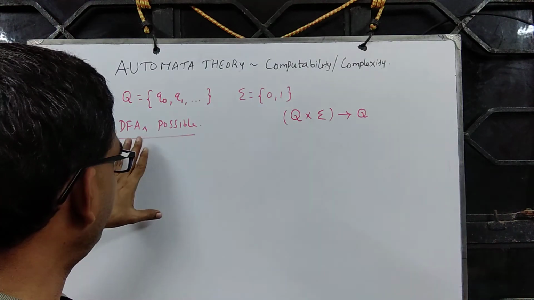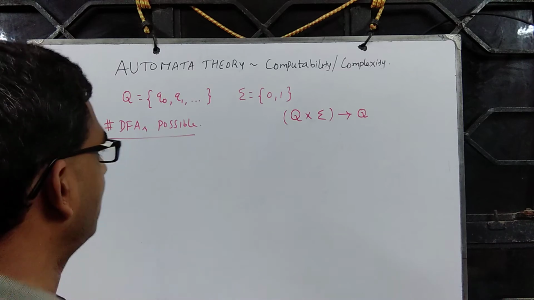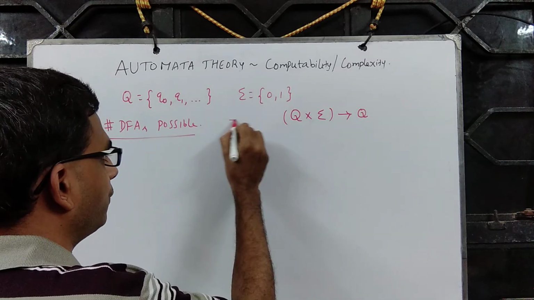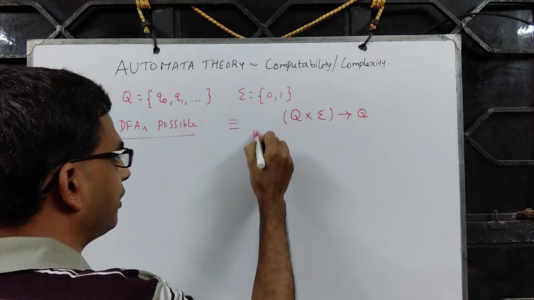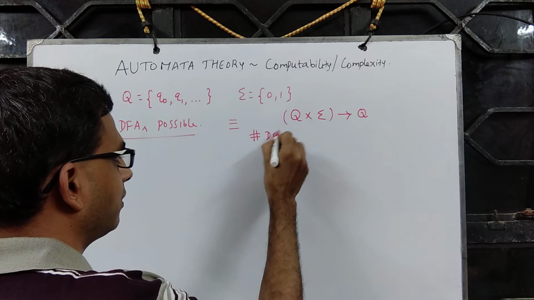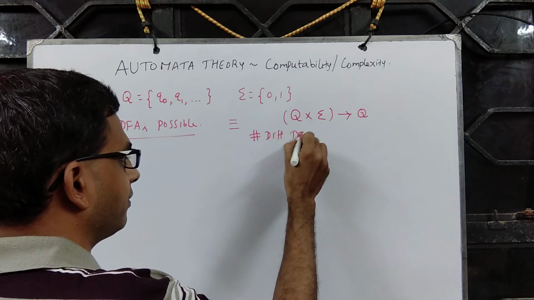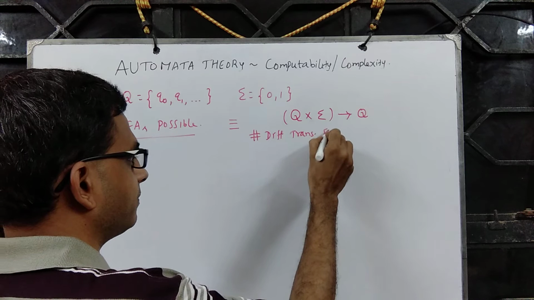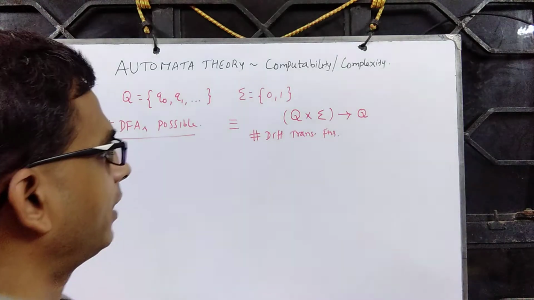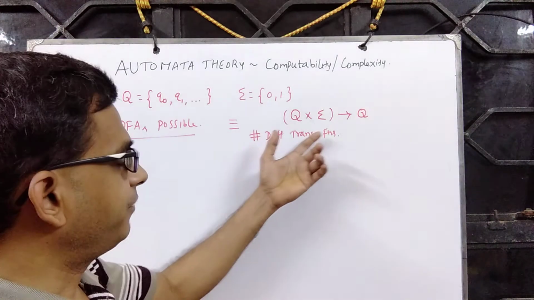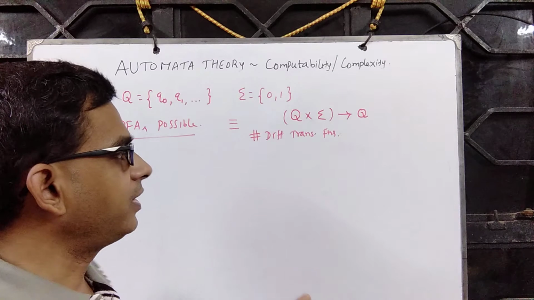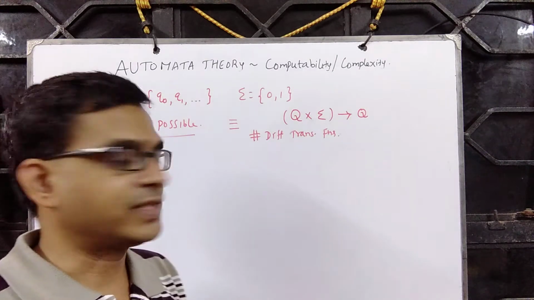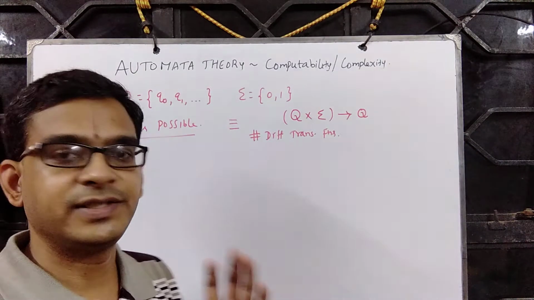So each DFA has an equivalent transition function. So counting the number of different DFAs is equivalent to counting the number of different transition functions. And we know how many different functions are possible from a domain of size m to a codomain of size n.